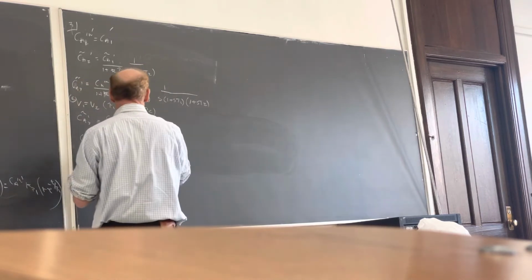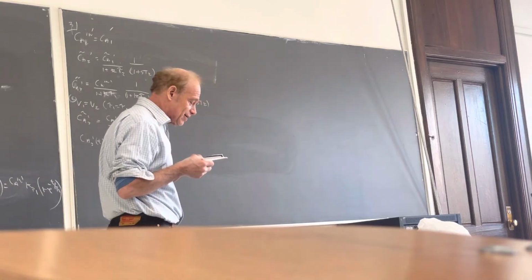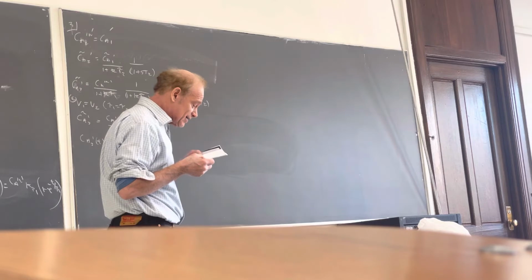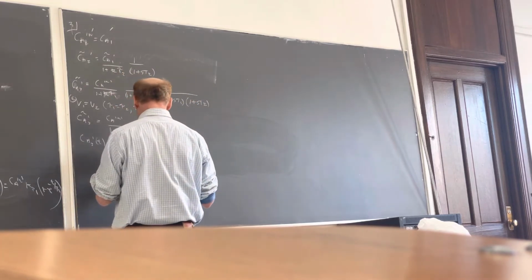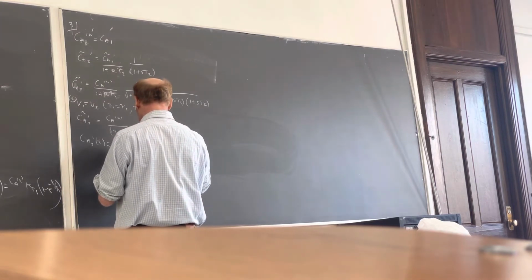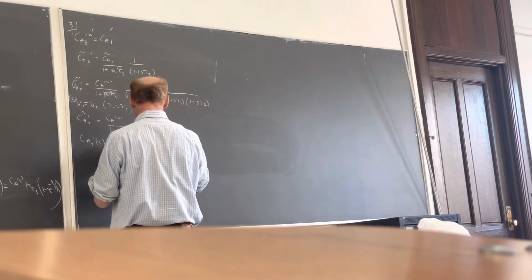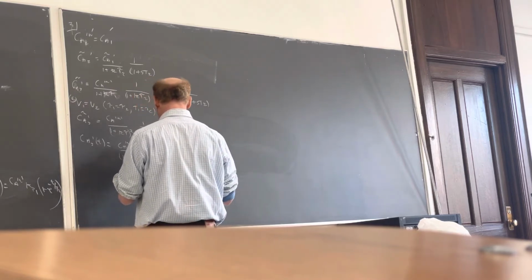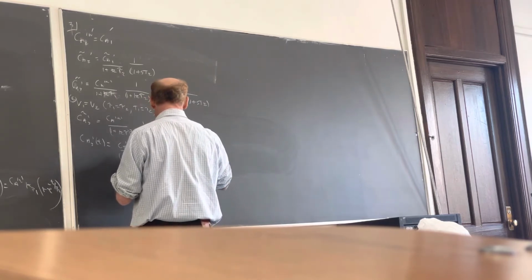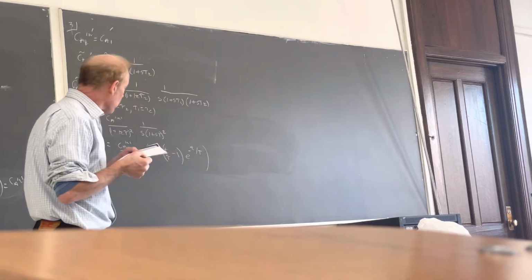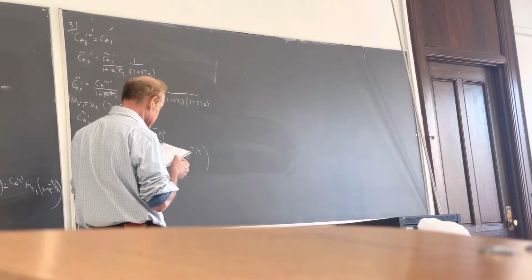And then I get 1 plus a, which is 0, minus tau over tau squared minus tau, t over tau, minus 1 times e to the minus t over tau.